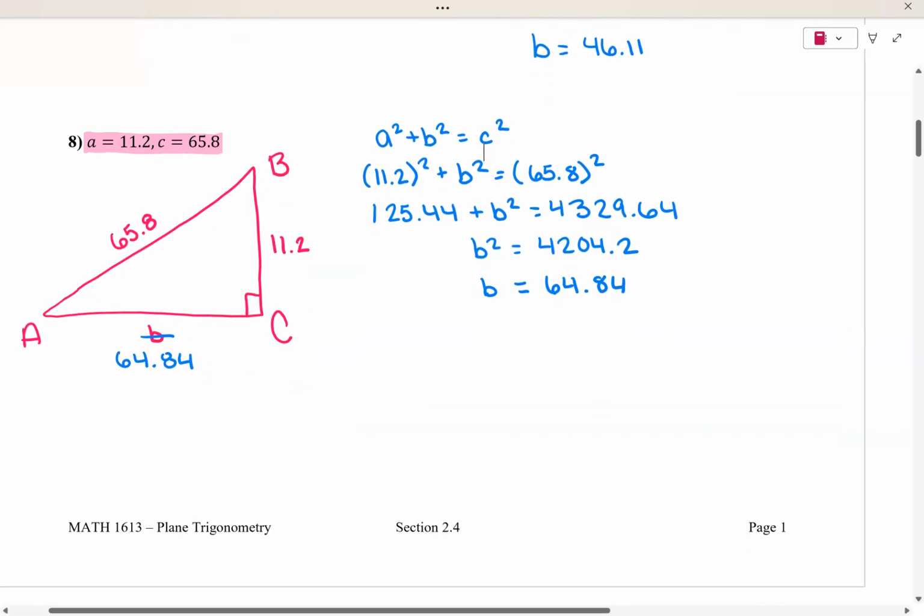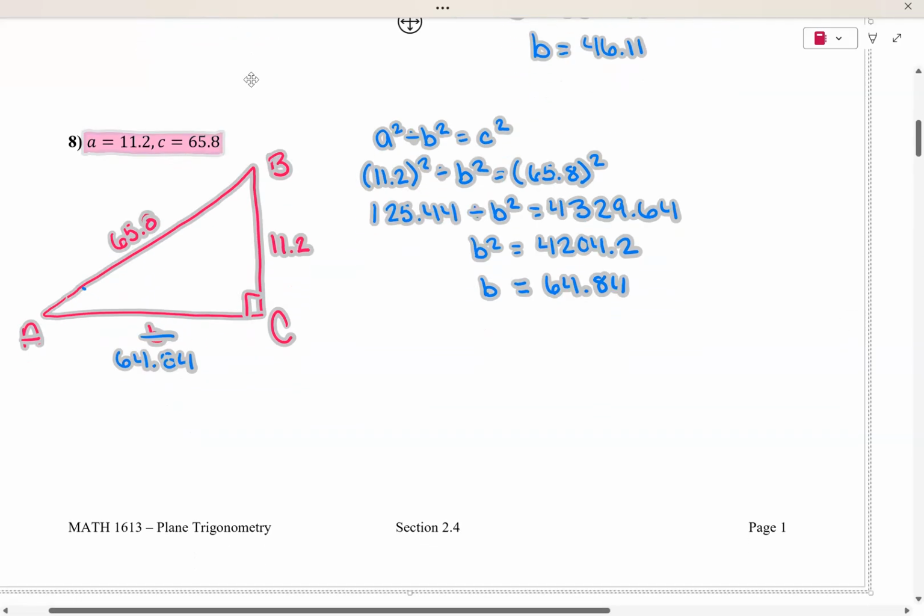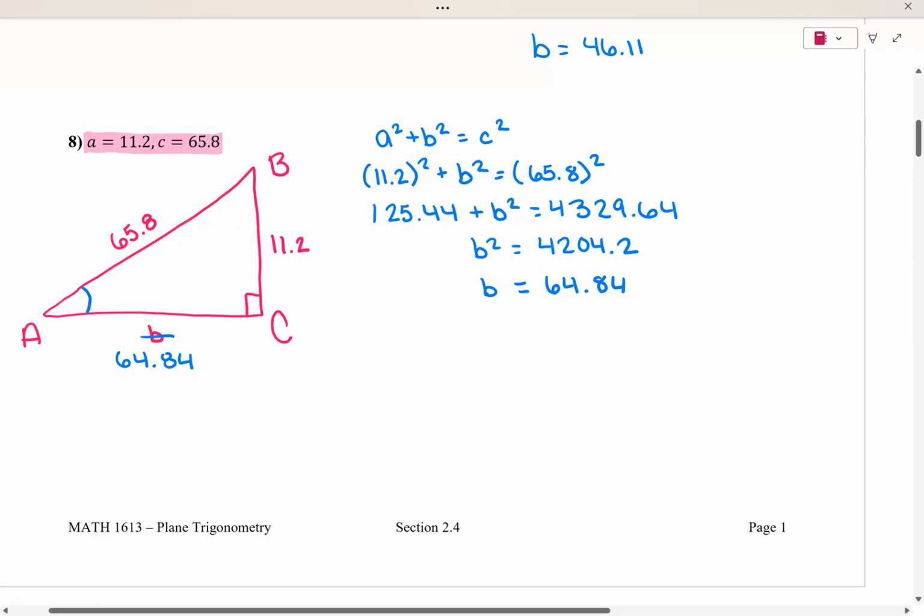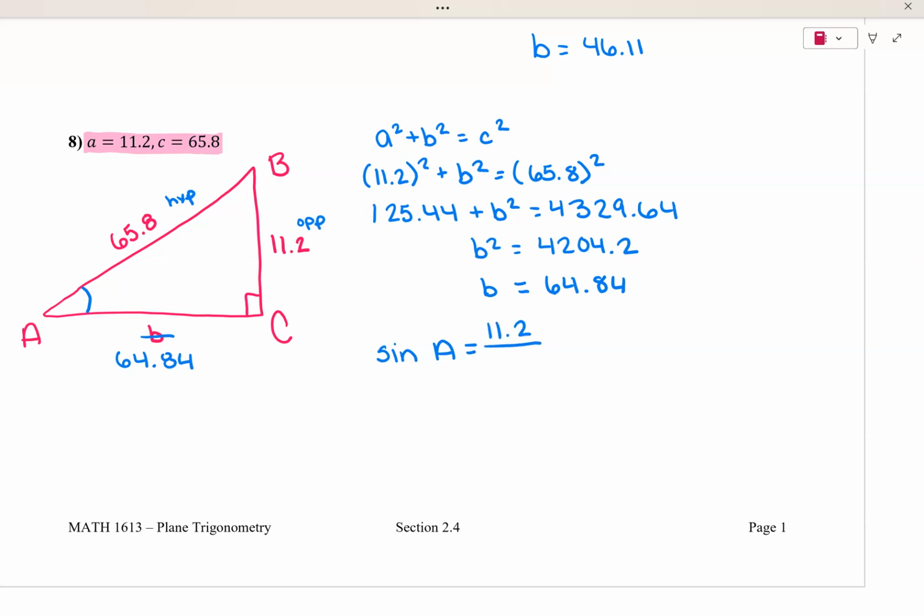Okay, let's start with angle A. To figure out angle A, I'm going to have opposite over hypotenuse. So sine of angle A is going to be equal to 11.2 over 65.8. Remember, we can do our inverse on this, which means I go from finding a side to finding the angle.